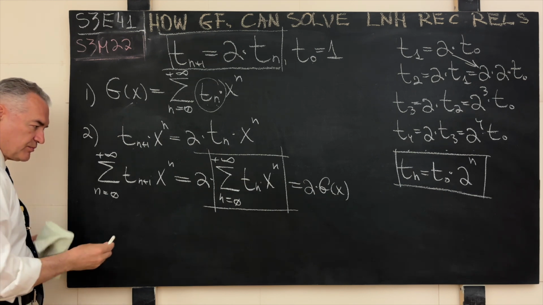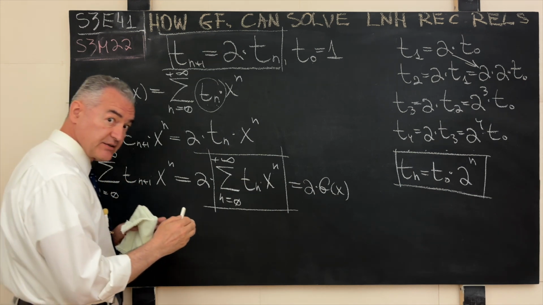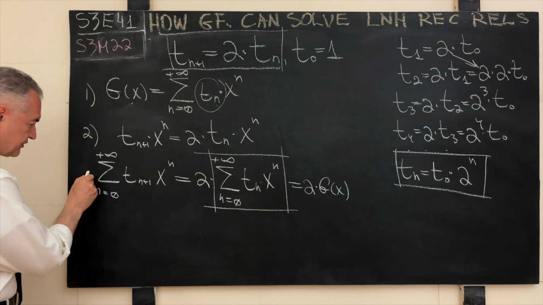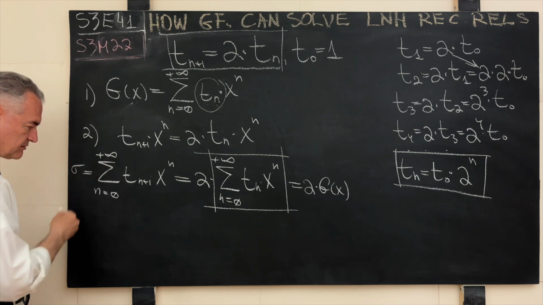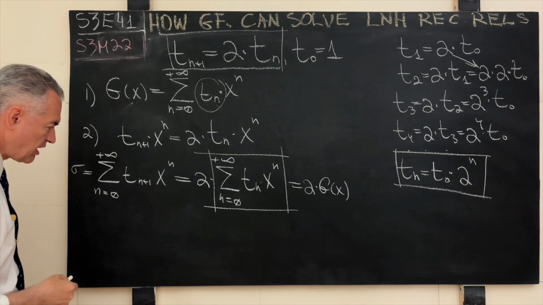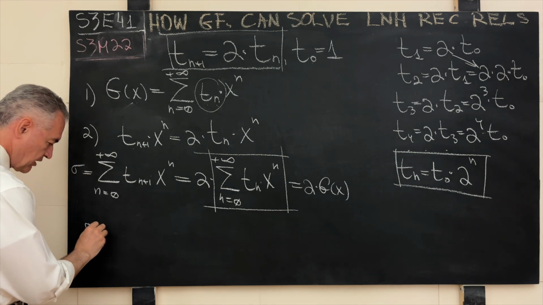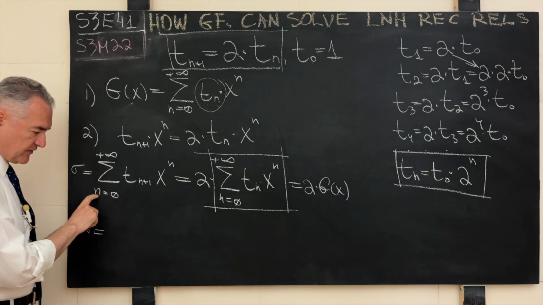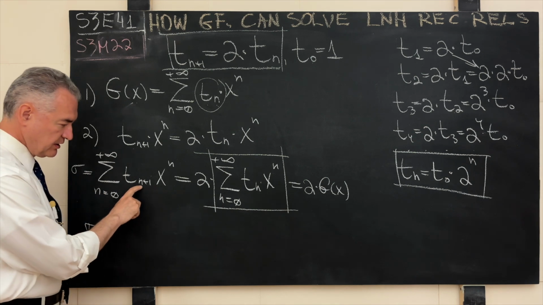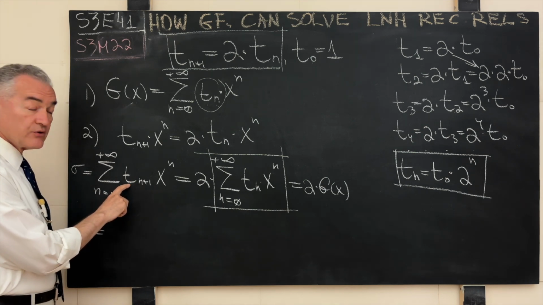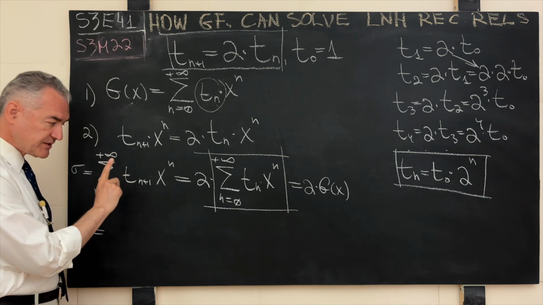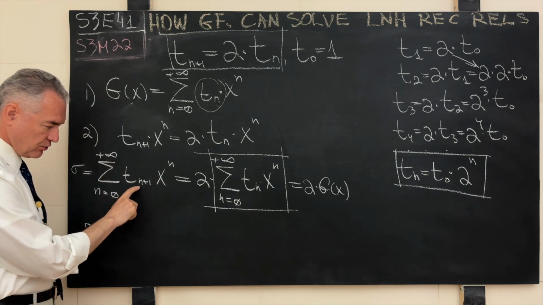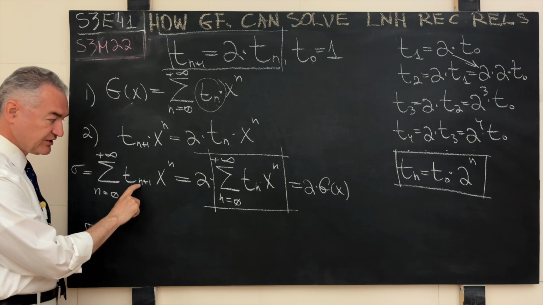How can we sculpt this material into something that contains nothing but the generating function g of x? Well, let's call this some sigma, just as a symbolic sugar. And let us spell out the first few terms. What does the sum sigma look like? Look over here. If n is equal to 0, then the indexes of the coefficients t run one step ahead of the powers of x. So when n is 0, the index of the coefficient t is 1.